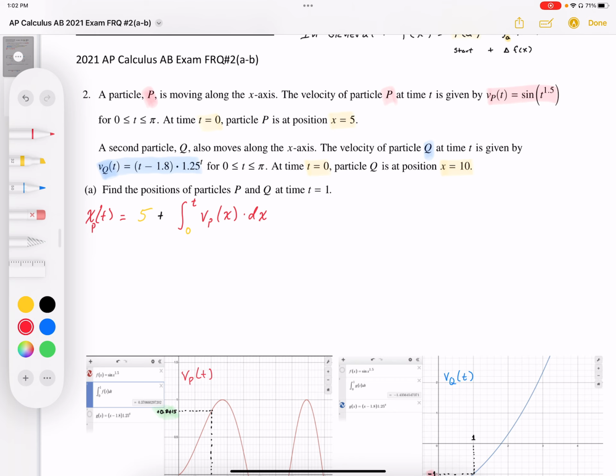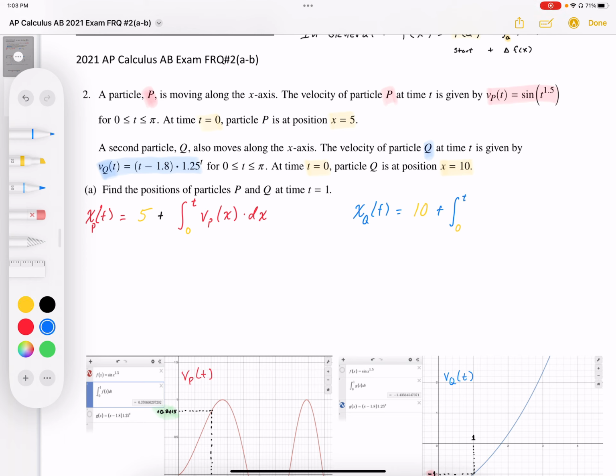And then we're going to do the same for particle Q. We know that particle Q, the x position as a function of time, is going to be equal to, now we need a starting point for particle Q. In this case, the starting point is x is 10 when t is 0, so I'm going to start at 10. And then I'm going to add the change, and that change is going to be calculated from t equals 0 to whatever t we want.